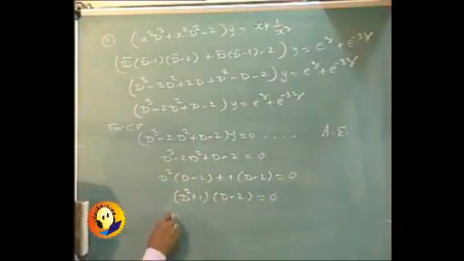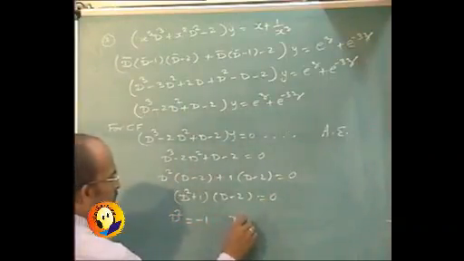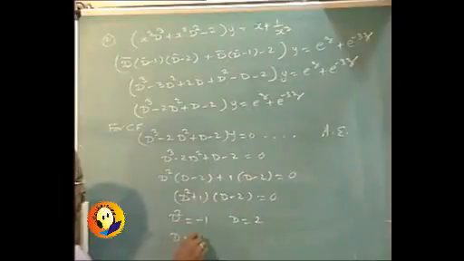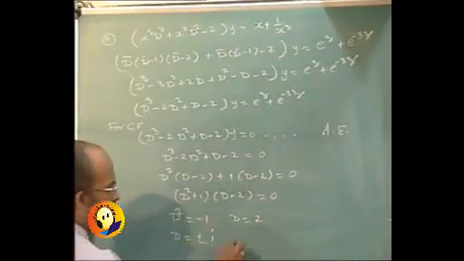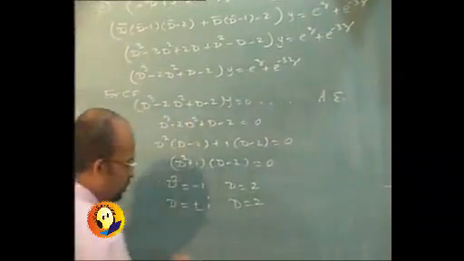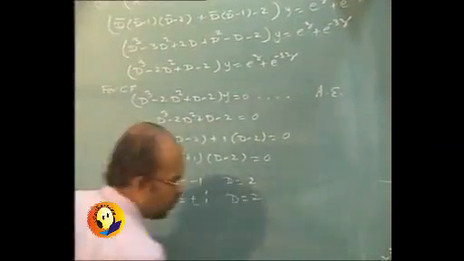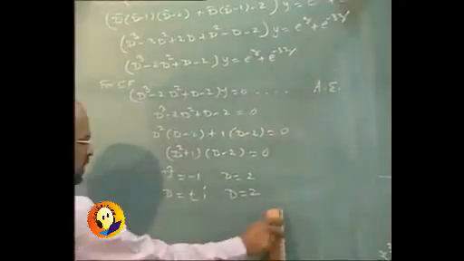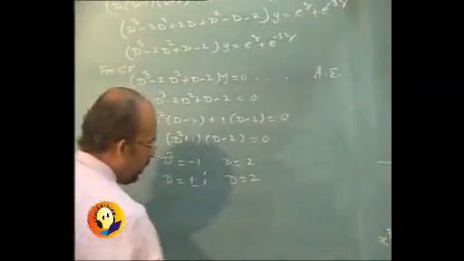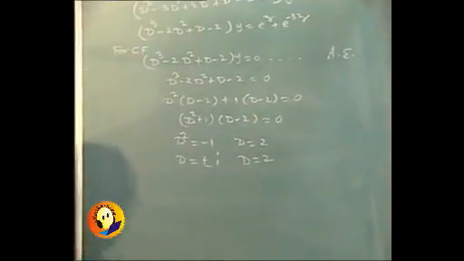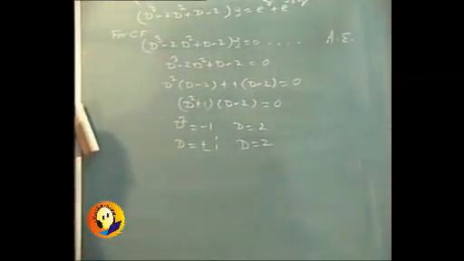And so we get d square equal to minus 1 or d equal to 2, that is d equal to plus or minus i, complex roots, and d equal to 2, the only real root that we have. There are three roots, so there will be three constants in the complementary function, namely C1, C2, C3. Apply the rule for the real and distinct roots, and for complex distinct you will be using the third formula, e raised to alpha x into bracket C1 cos beta x plus C2 sin beta x.